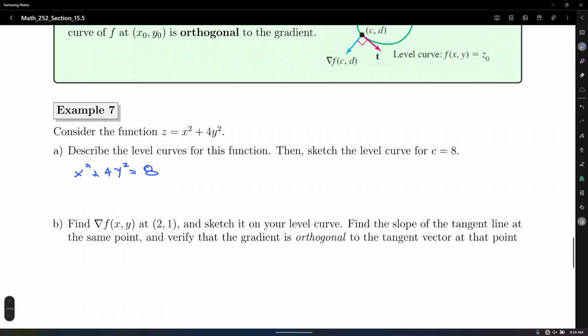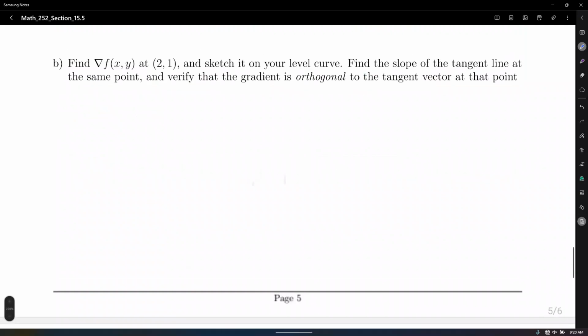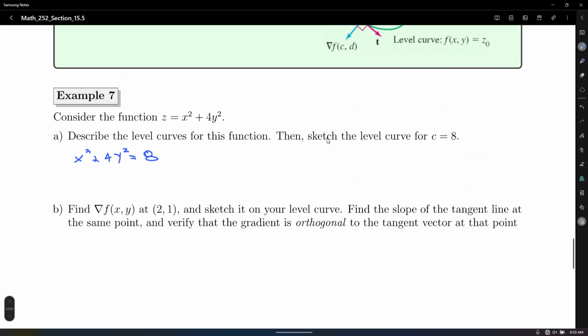All right, let's observe this equation. What do we have? Variables squared, both positive, right? So what does that equation represent? It's an ellipse, because both squared terms are positive, but the coefficients are different.